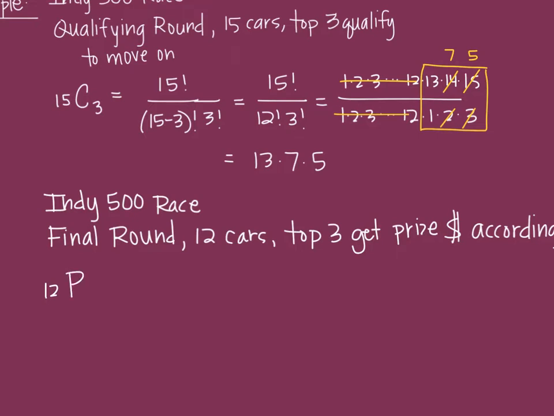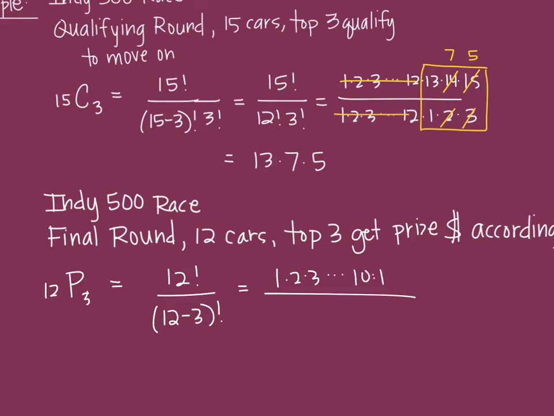So this is going to be a permutation situation. So 12 P 3. And so this one would be set up as 12 factorial over 12 minus 3 factorial. And because it's a P, there isn't that extra factorial in the denominator. So this would be 1, 2, 3, up to, say, 10, 11, 12. And then the denominator, 12 minus 3, turns out to be 9. And so this would be 1, 2, 3, up to 9.